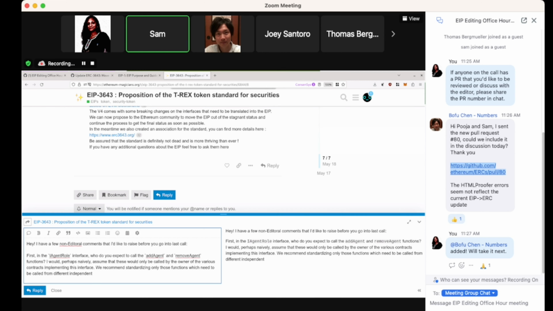Different, independent. Example, ERC20 doesn't standardize.